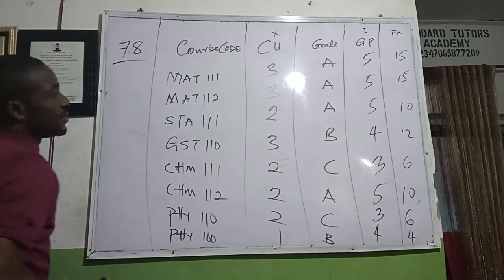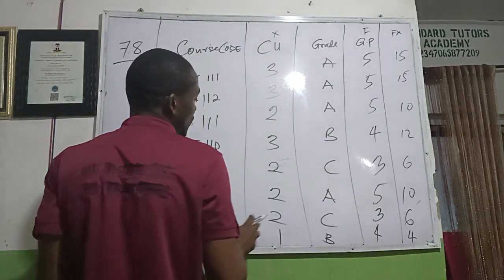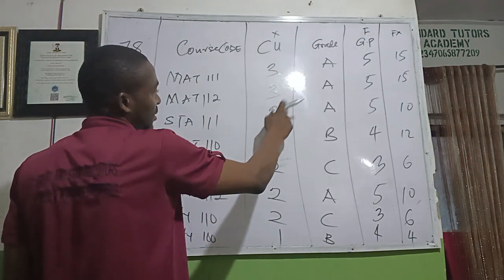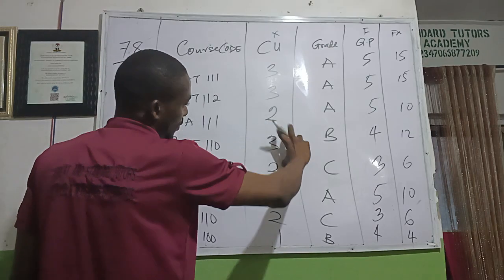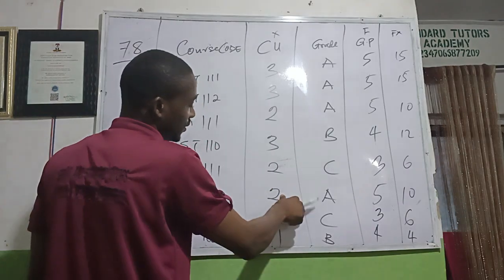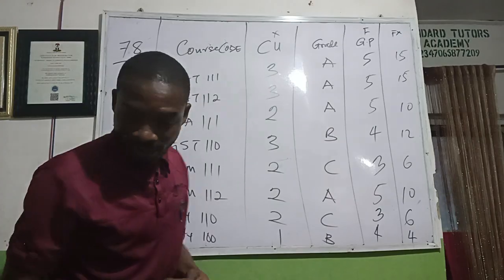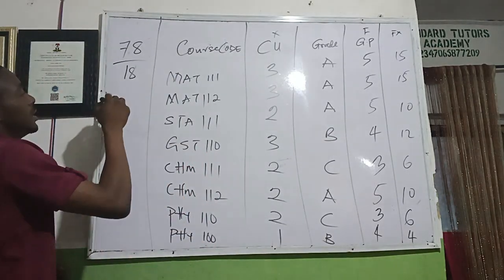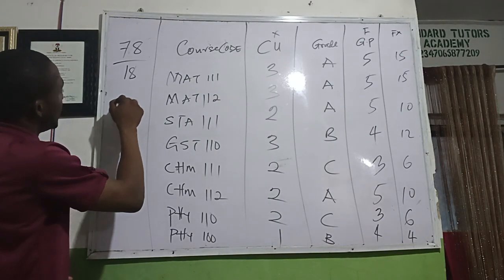I will now divide it by my total credit units. The total credit unit is how much? That is 6, 8, 13, 15, 18. So this is divided by 18. Whatever you have here is your GPA.